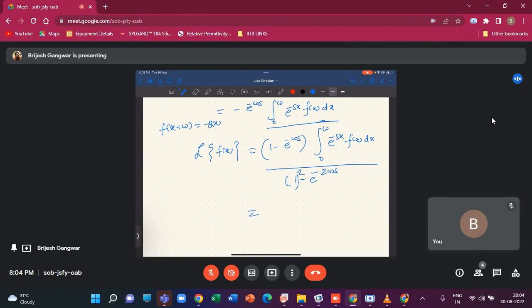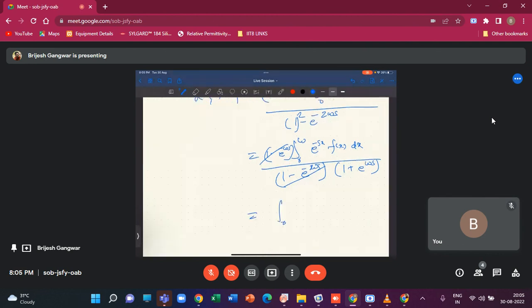So you can write 0 to omega e to the power minus sx f(x) dx times 1 minus e to the power minus omega s, upon 1 minus e to the power minus omega s and 1 plus e to the power minus omega s. So it will be cancelled out, and you get the integral of e to the power minus sx f(x) dx upon 1 plus e to the power minus omega s.